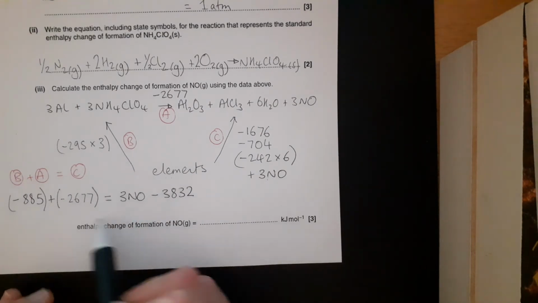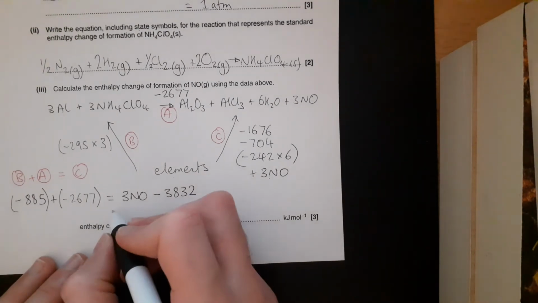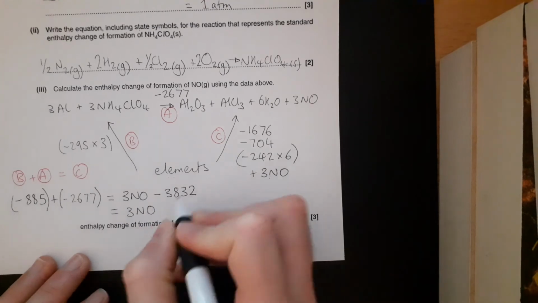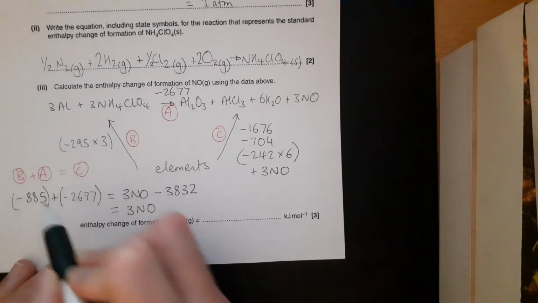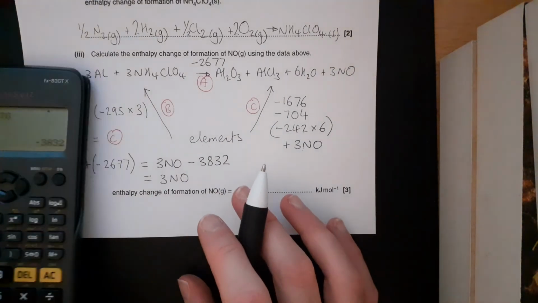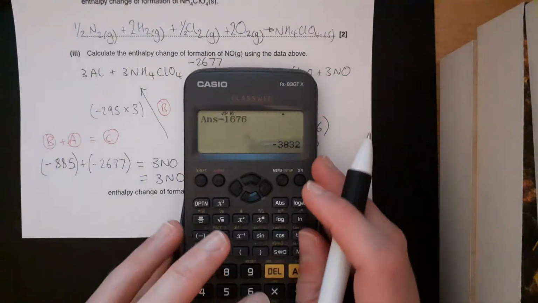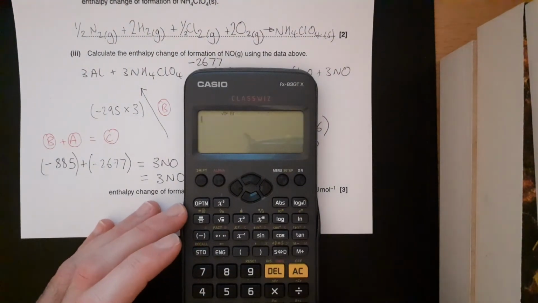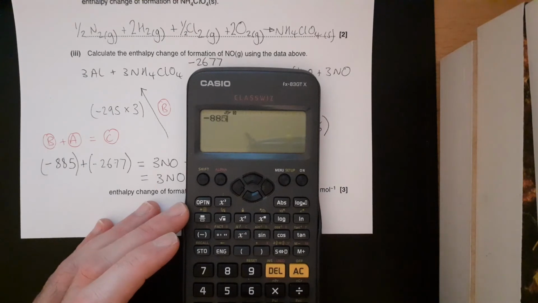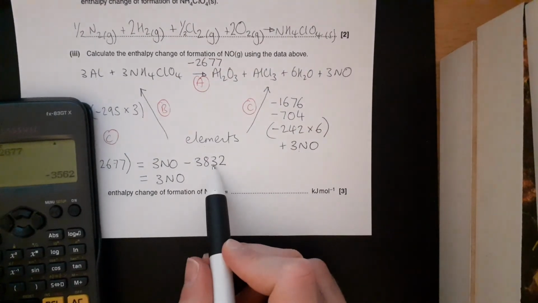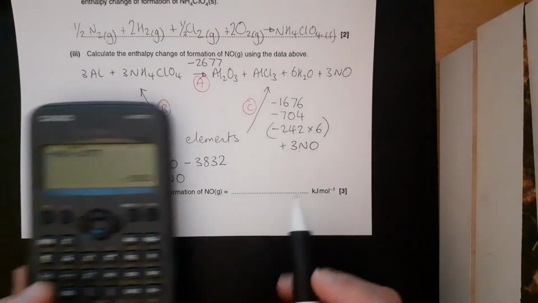Right, and now we just need to work this out. If we add this and then add this to this side as well, so you can see what I'm doing. We've got minus 885, minus 2677, and then we're going to add on the 3832 from this side.